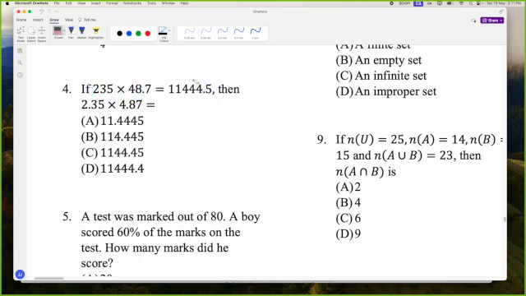So when they ask what this is, you count the decimal places, 1, 2, 3, 4, and then you look for the answer that has 4 decimal places, and A is your answer. It is that easy. It's just about decimal places.